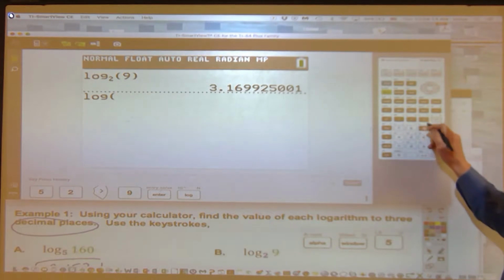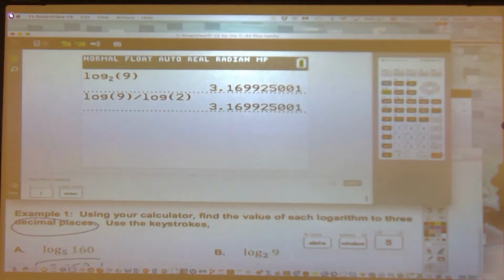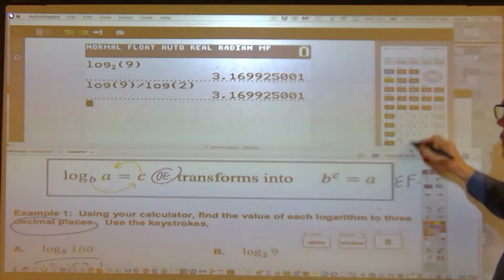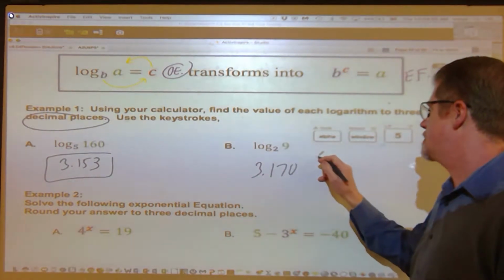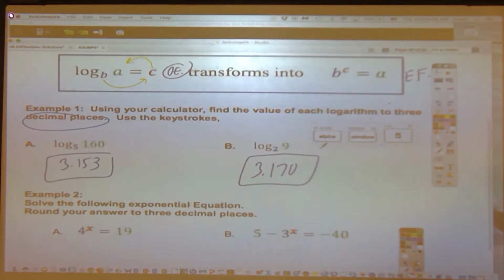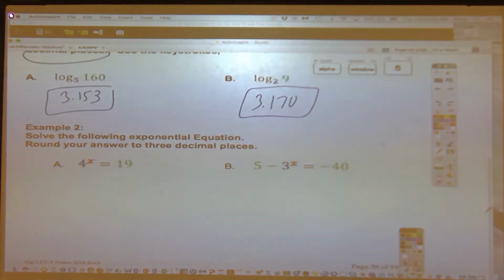Or if you type in log 9 divided by log 2, you'll get the same answer. 3.170. Any questions on how to use alpha window 5 to evaluate log of a base other than 10? All right, let's keep moving.